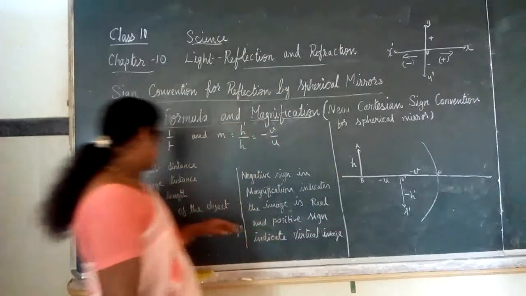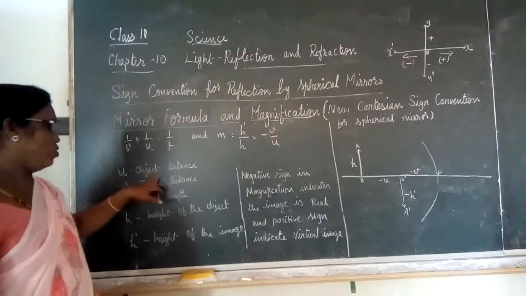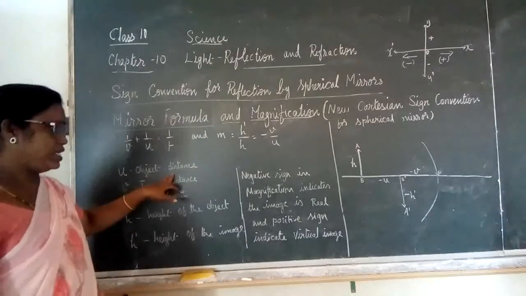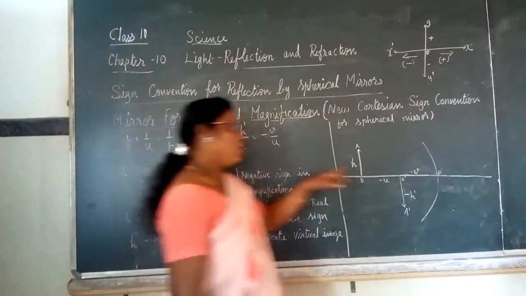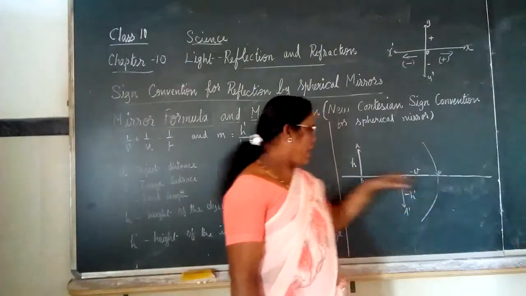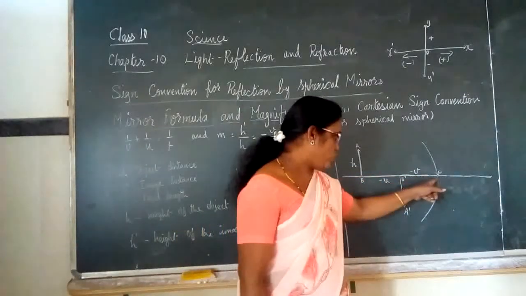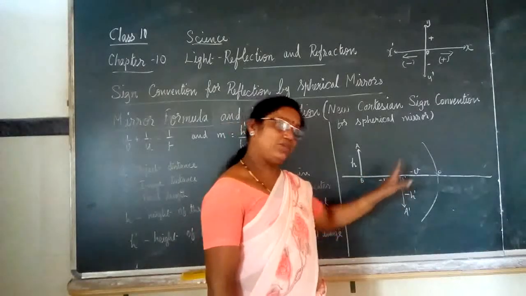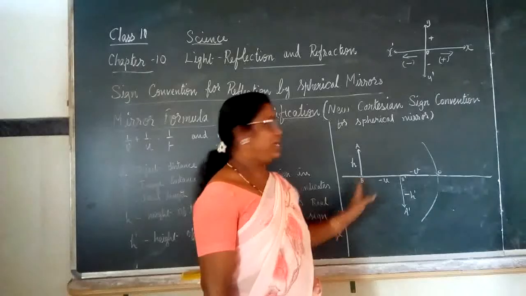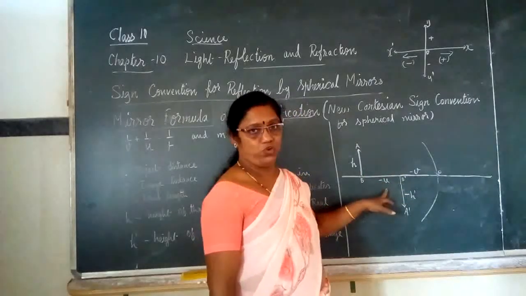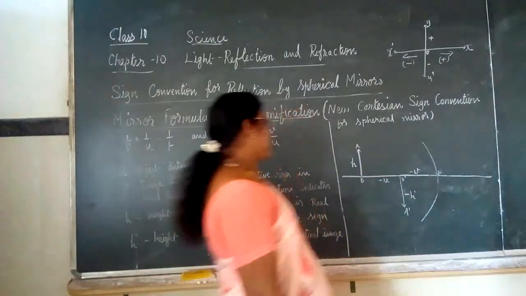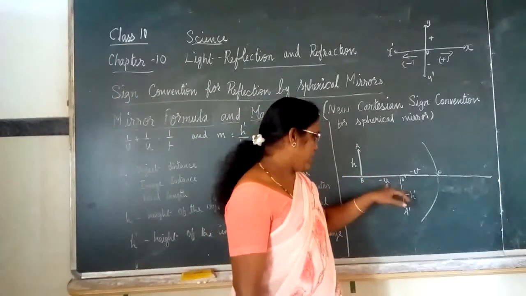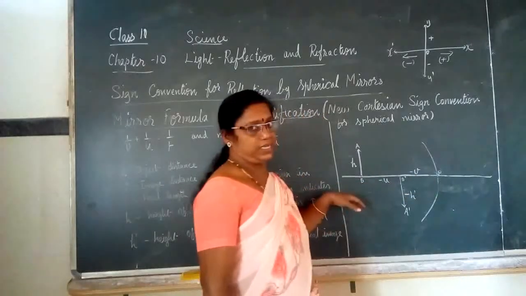The object distance u is the distance between the pole of the mirror and the object. This total distance is taken as u, and since the object is always kept on the left side, it is taken as minus u. Here AB is the object and minus u is the object distance.